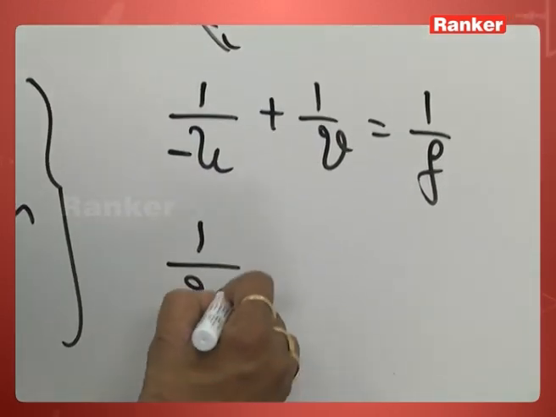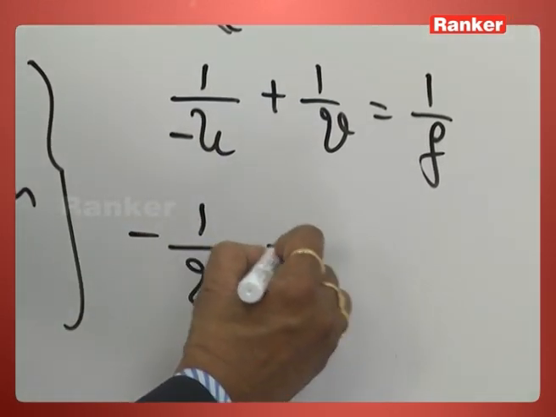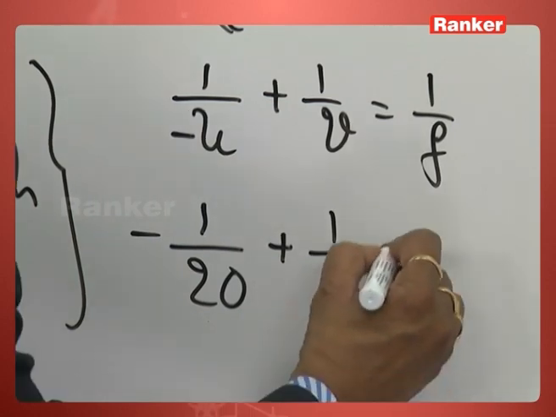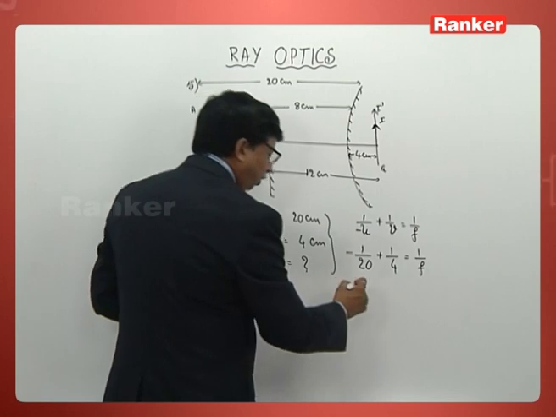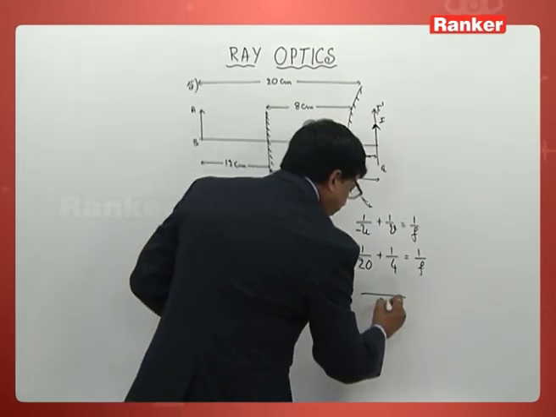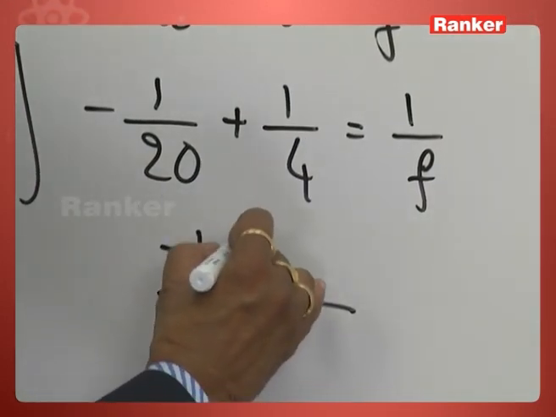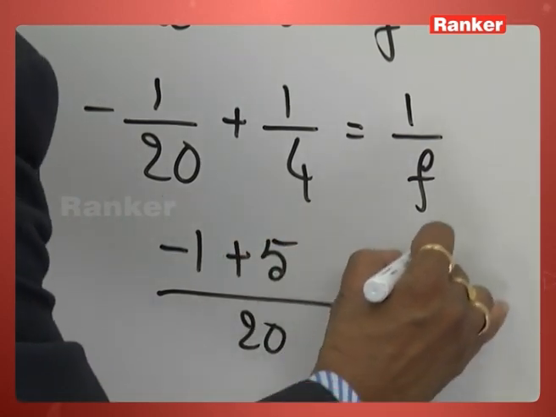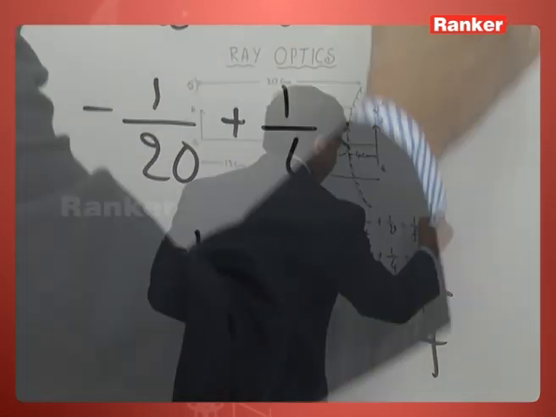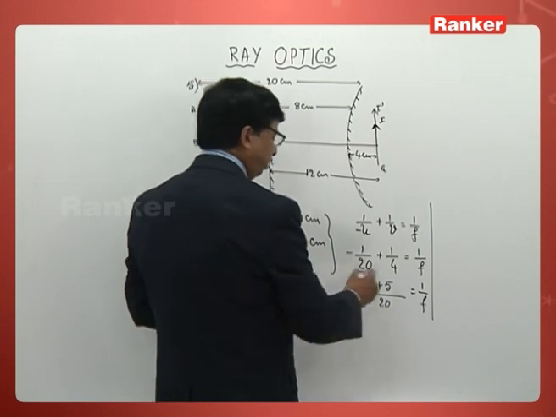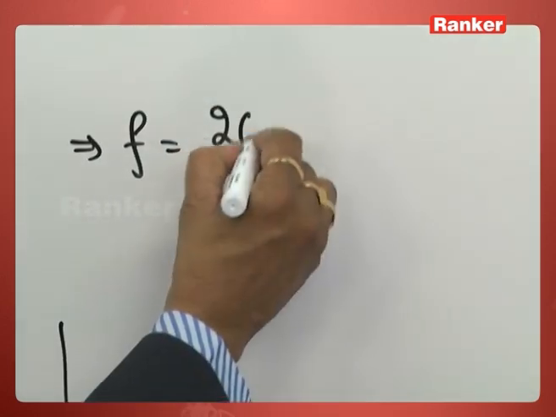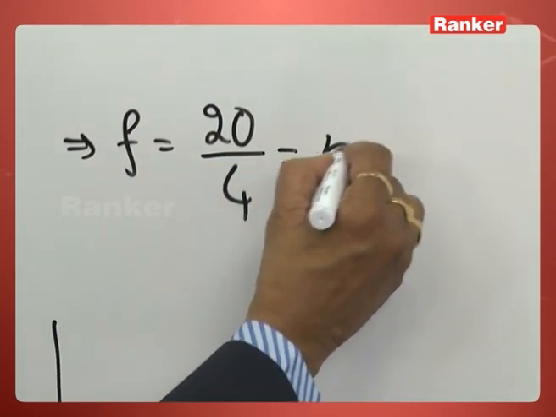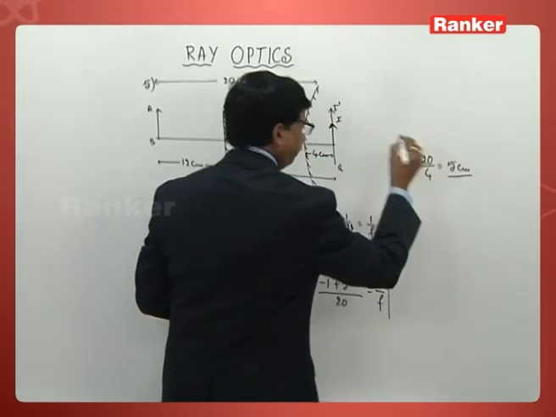Minus 1 by 20 plus 1 by 4 is equal to 1 by F. Now you can take 20 as LCM here. It's minus 1 plus 5 is equal to 1 over F. Then what is the value over here? This implies F is going to be 20 by 4, which now becomes 5 centimeter.